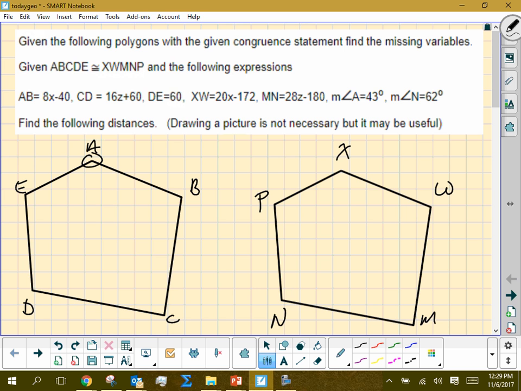Now you can do the same thing. You don't have to put A where I put A. If you want to put A where I put C, that's fine. But then X would have to be where M is. Does that make sense? I went clockwise when I named things. You could have gone counterclockwise. Regardless of how you set the picture up, as long as you follow the fact that I go from A straight to B, straight to C, straight to D, straight to E, and then back to A. You can't let this one be C, and then this one over here be B, and this one here be D. Does that make sense?